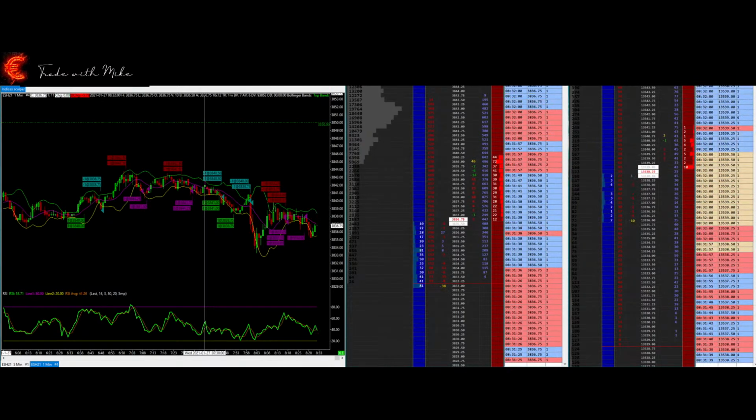The volumes are big. My daily traded volume was even 10 up to 15,000 contracts, and my positions were like 150 contracts, one position, with tight stop losses.